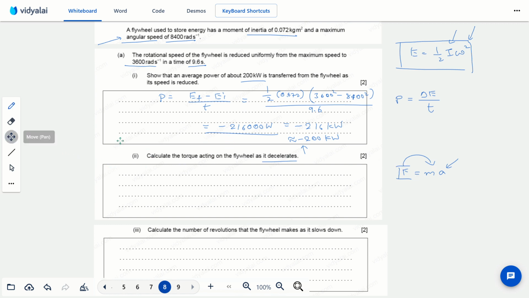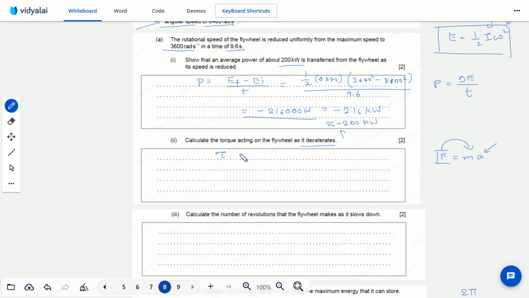So similarly, since torque is the one which creates angular acceleration, we can use this formula for torque, and then after finding out the angular acceleration, in this case the angular deceleration, and substituting that into alpha, we can solve this whole equation to get torque.